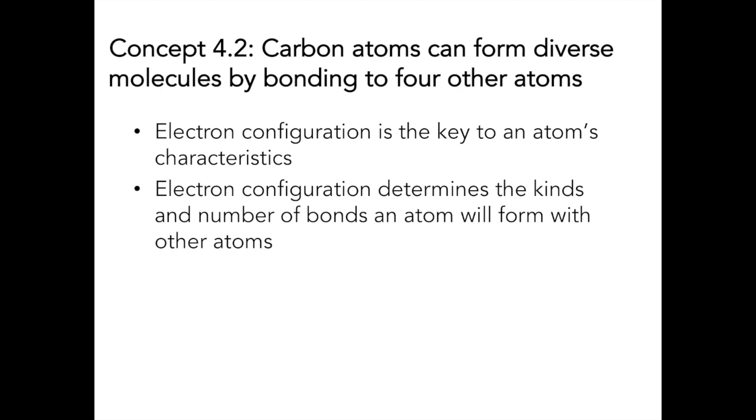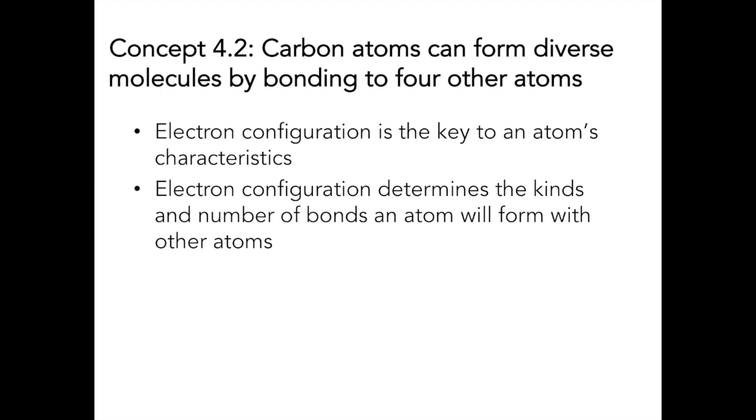So let's get at this question of why carbon is so important. Carbon atoms can form diverse molecules by bonding to 4 other atoms. That's the thing that makes carbon like Lego: it will form 4 bonds with up to 4 other atoms.